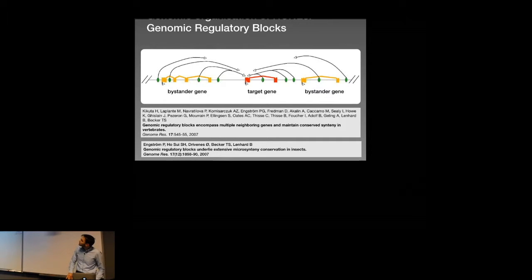We call those target versus bystander genes, and the whole structure we call the genomic regulatory blocks, because we think this entire region and this entire cluster of conserved elements defines a region from which this target gene listens to its regulatory input.